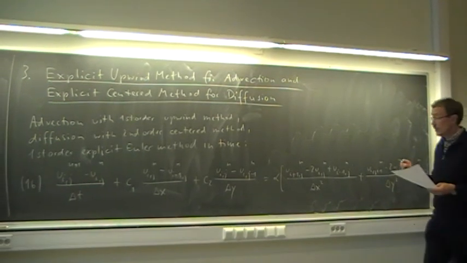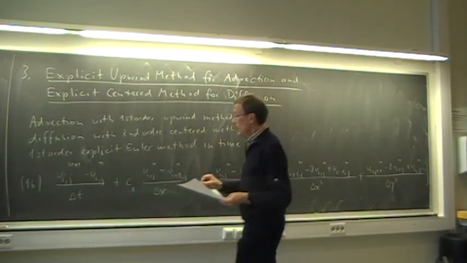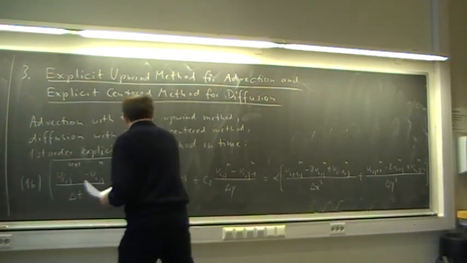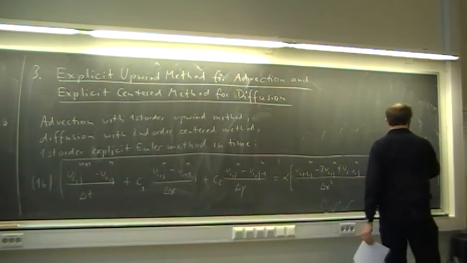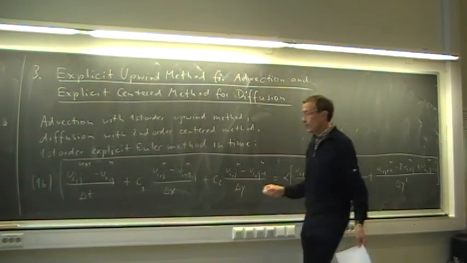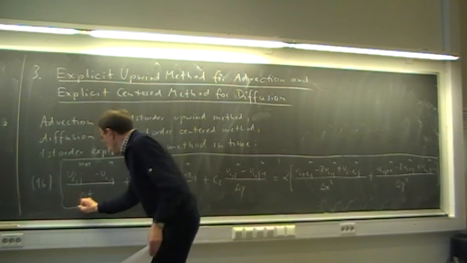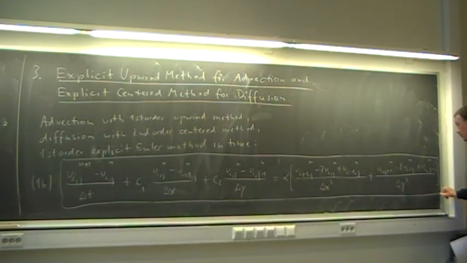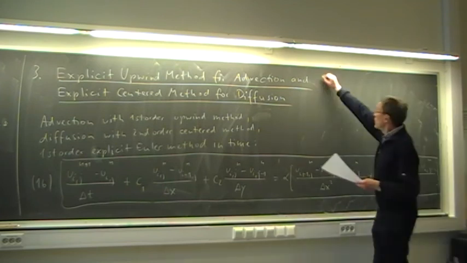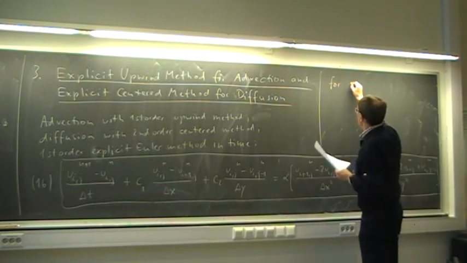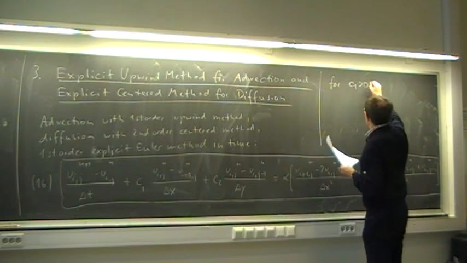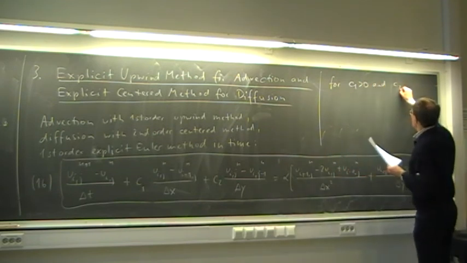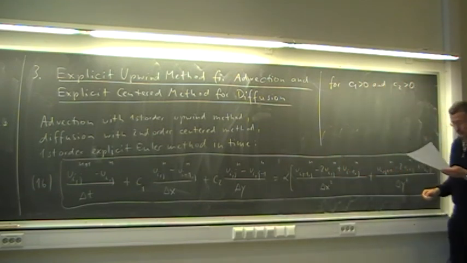Here, that is important, we have assumed that C1 and C2 are positive. Because if they are not, then we have to choose accordingly the upwind direction in a different way. So that is important. What we have done here is for C1 greater than 0 and C2 greater than 0.